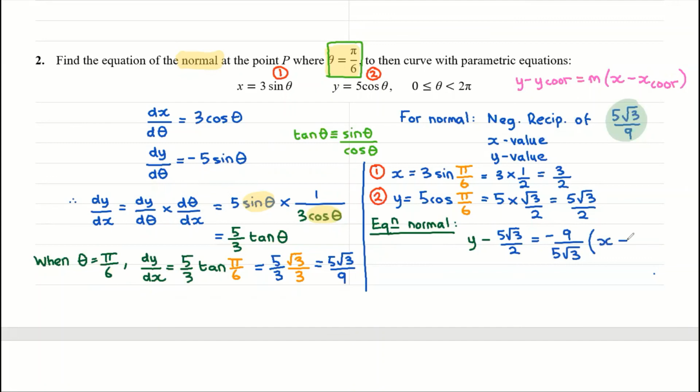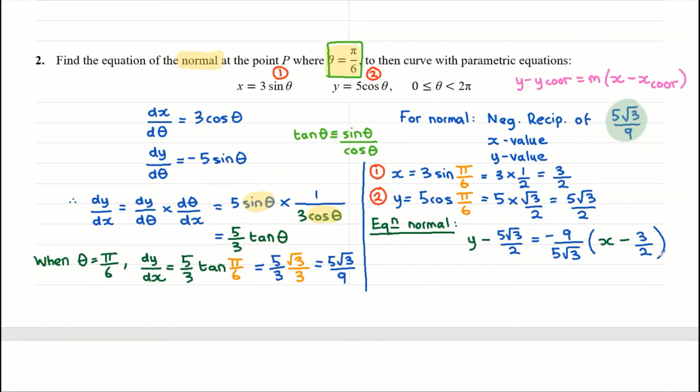Right, I'm going to do that just to be consistent. So it's going to be x subtract the x coordinate, which is root 3 over 2. No, it's not. It's 3 over 2. All right. Now, that is the Cartesian equation of the normal.